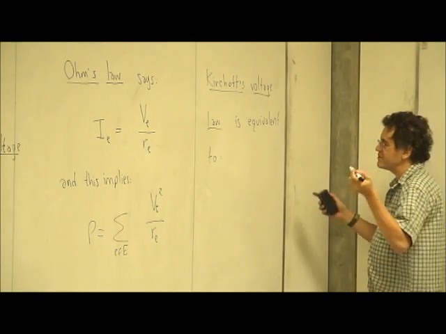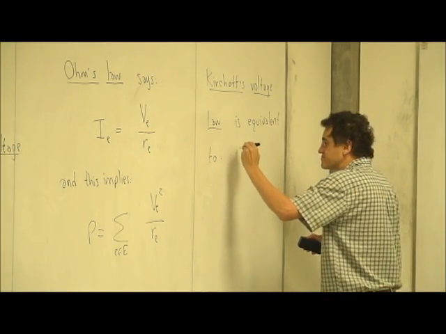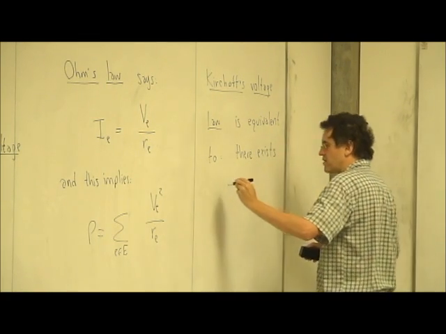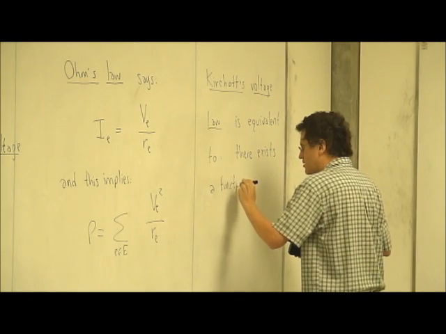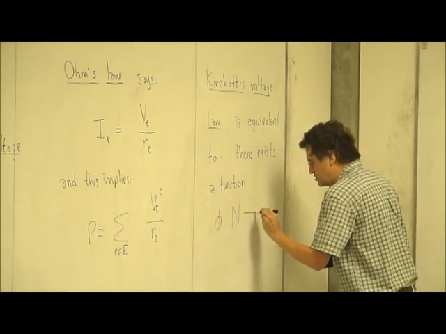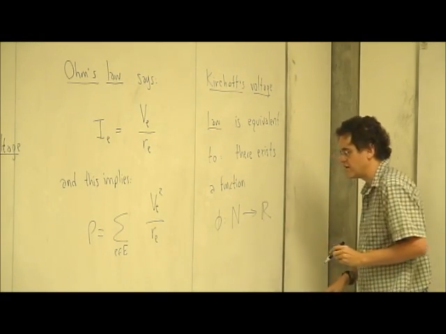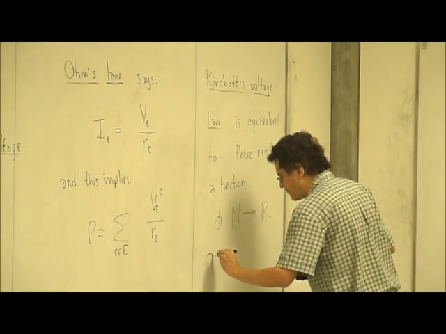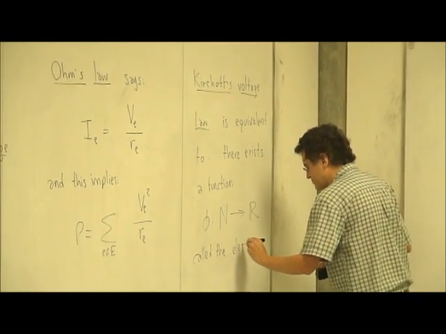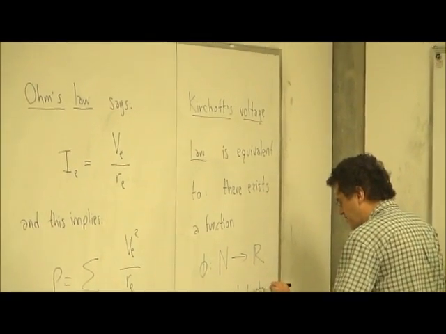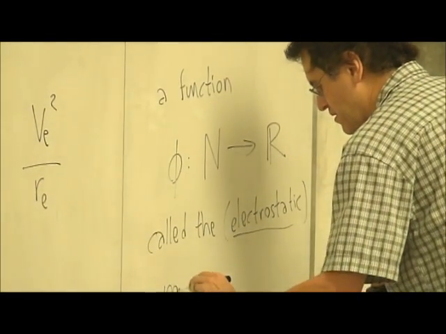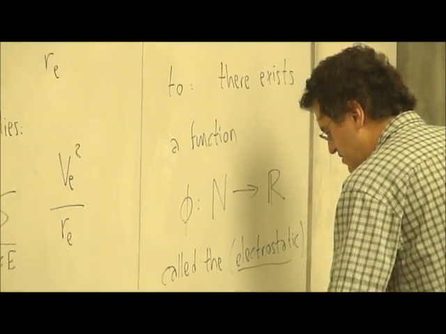So what it says for our point of view is there exists a function I'll call phi, defined on nodes of our circuit, and it's called the potential, or if you want to be very careful because there might be other things called the potential, we call it the electrostatic potential. I'll just call it the potential.